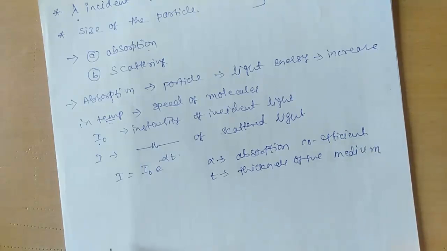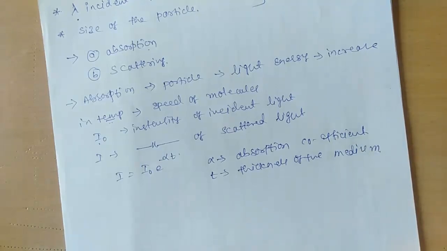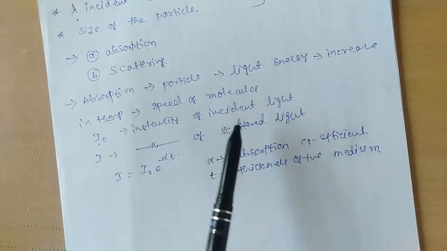Now in case of scattering, the energy of the incident light is absorbed and re-emitted by the particles of the medium. This is what we call the scattering of light.